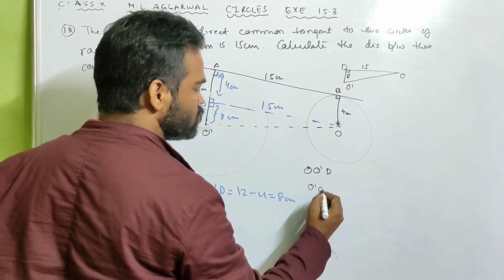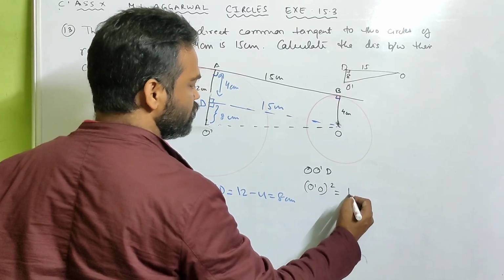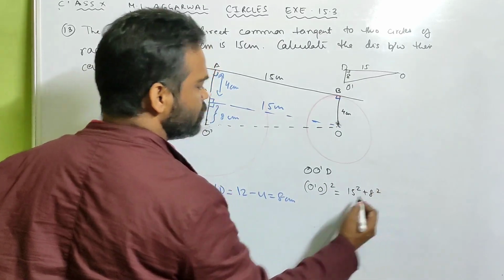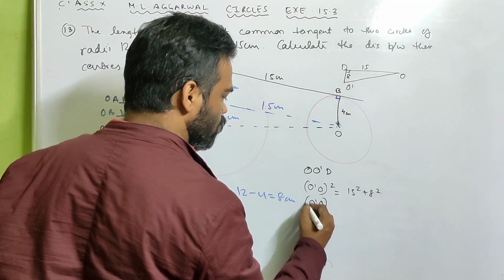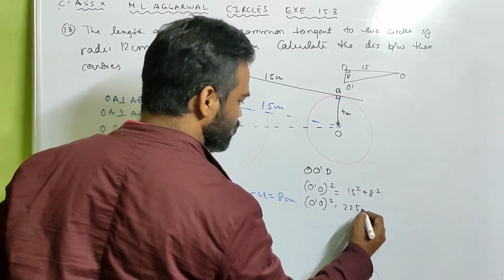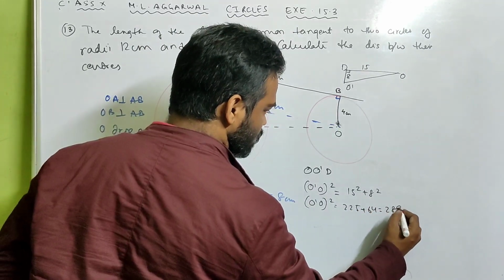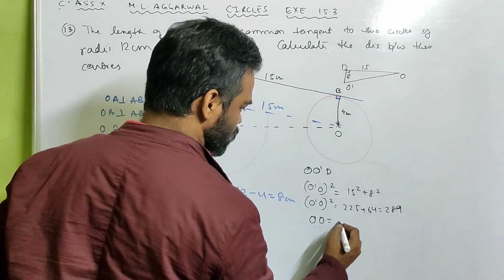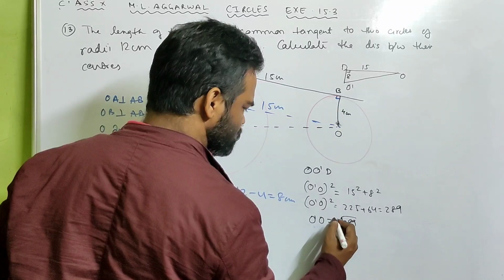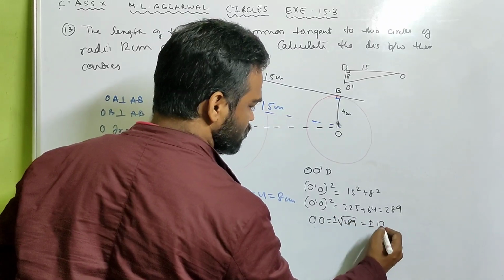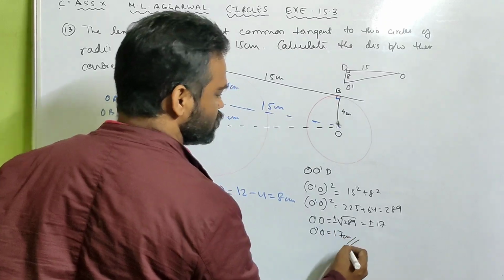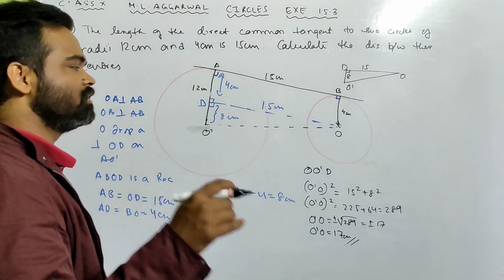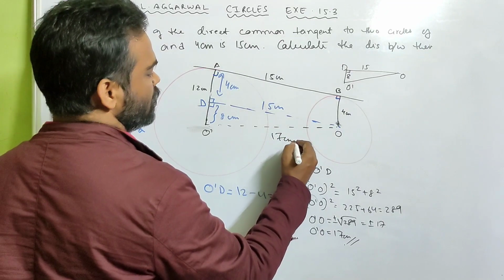So O dash O whole square is 15 square plus 8 square. Yes or no? So O dash O whole square is 225 plus 64, 289. So O dash O is root 289, plus minus 17. So O dash O is 17 centimeter, which means the centers are 17 centimeter apart.